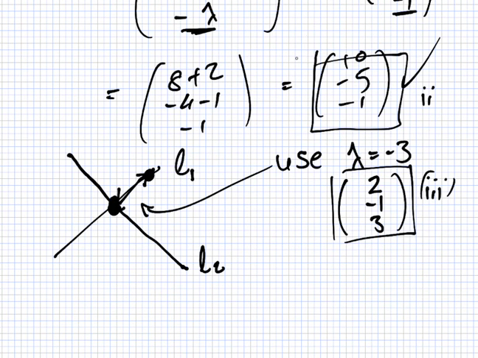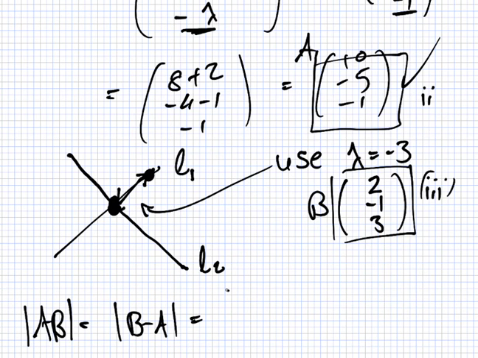Well, if I call this one A and B, the distance between A and B is the length of AB, which is the length of B minus A, which is the length of minus 8, 4, 64, square root 80? No, not square root 80, square root 96.